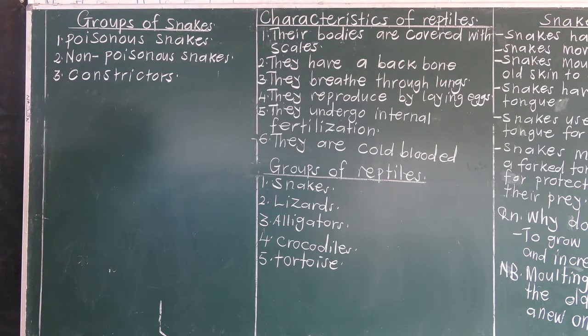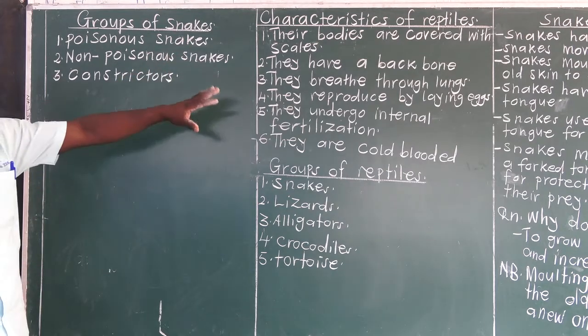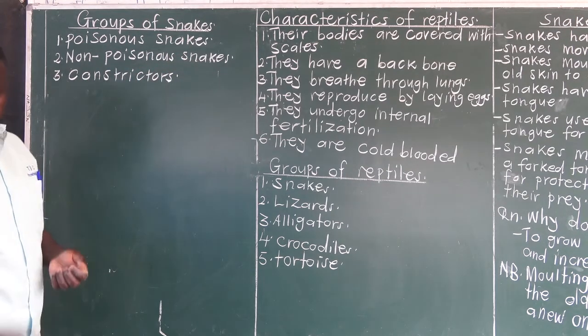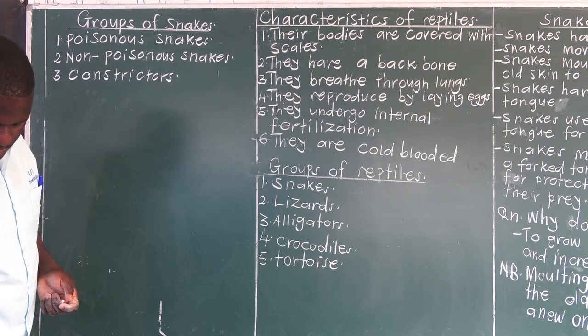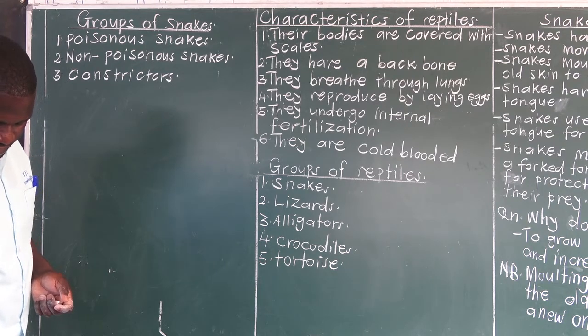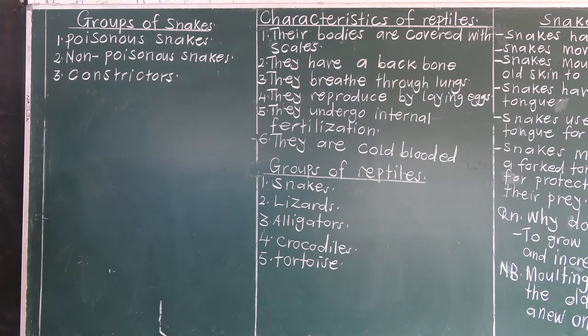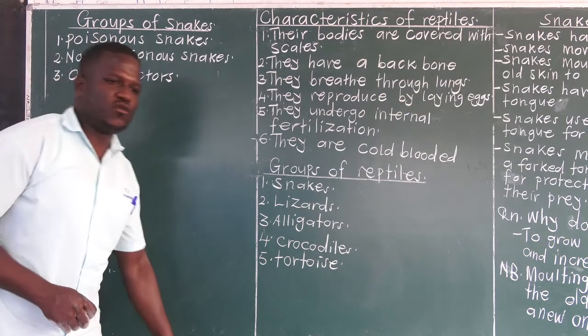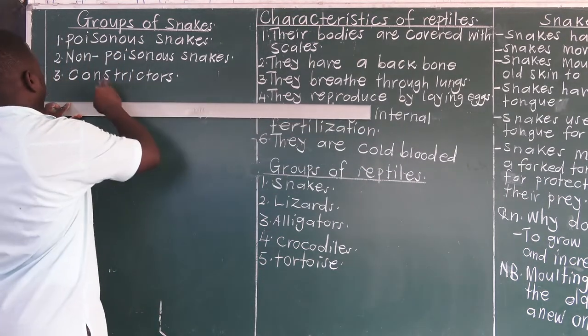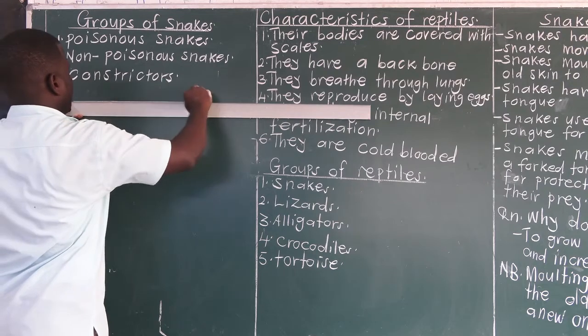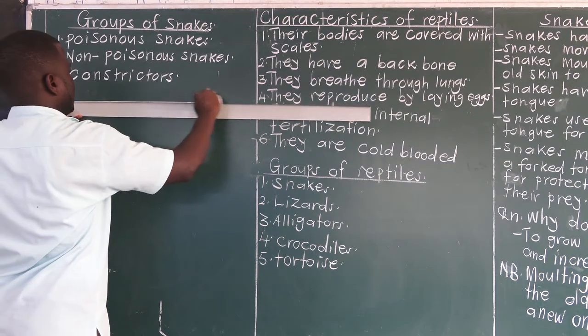So there's an activity you're supposed to answer about what we have learned so far. On page 25, please answer that activity. Then we proceed to poisonous snakes.